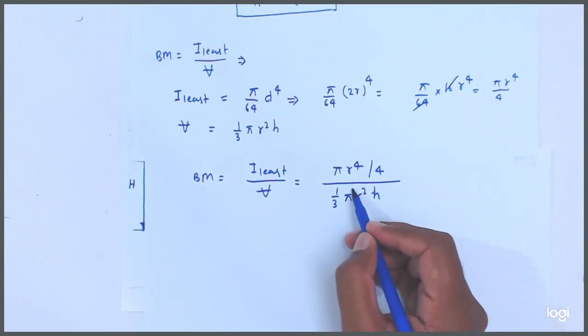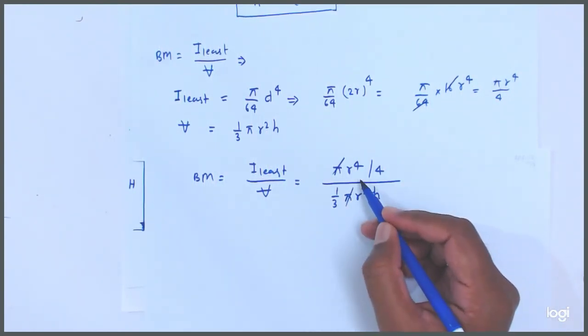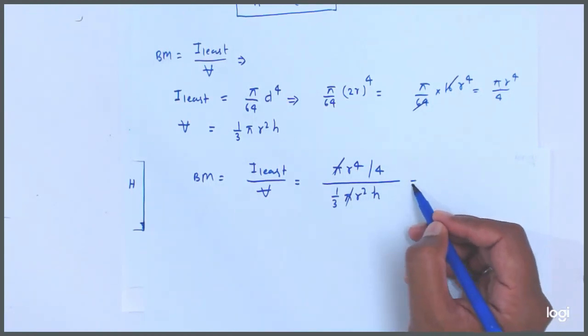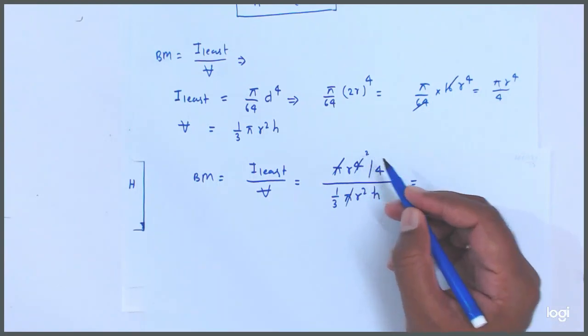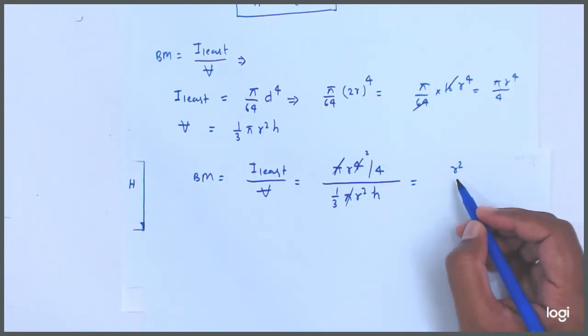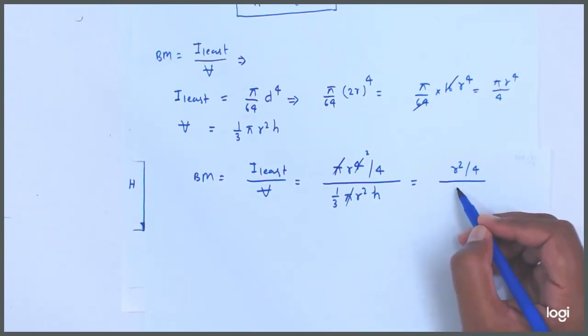So π and π cancel out, and r² cancels from r^4, leaving r² by 4 divided by h by 3.